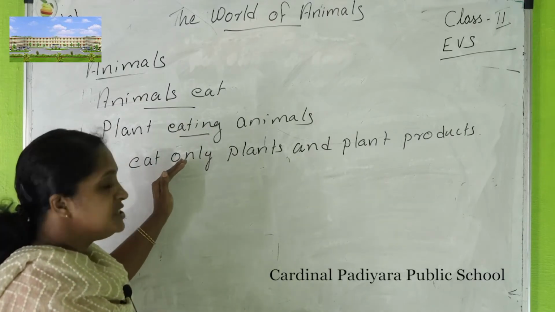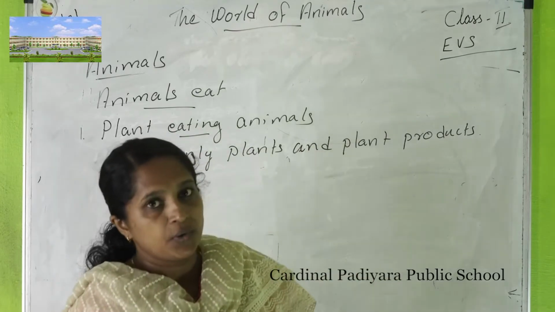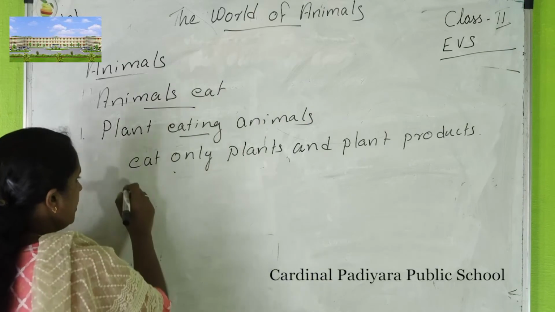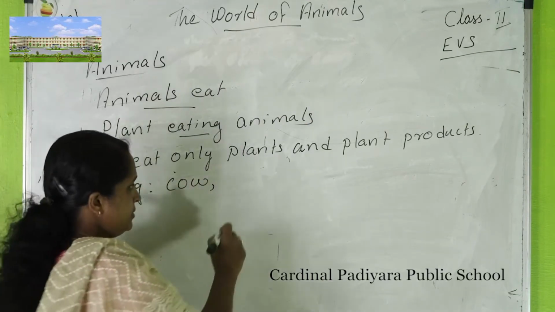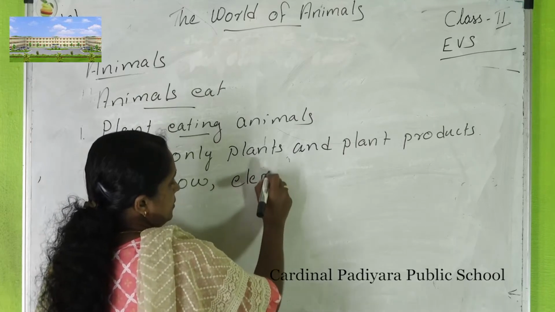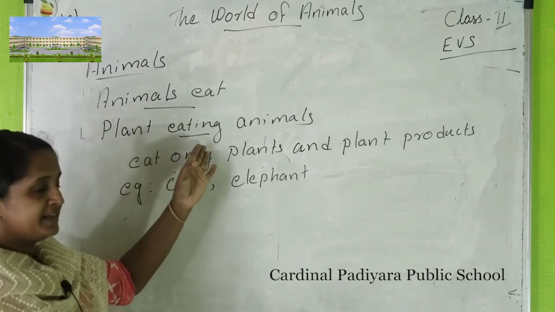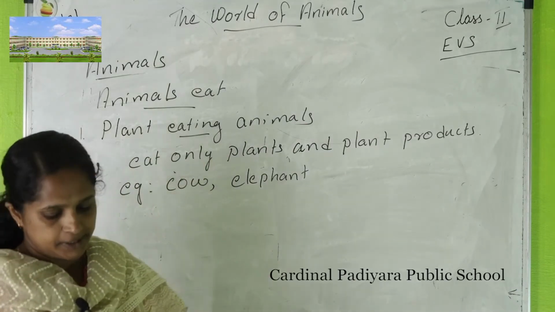Examples of plant eating animals are cow, elephant, rabbit, etc.